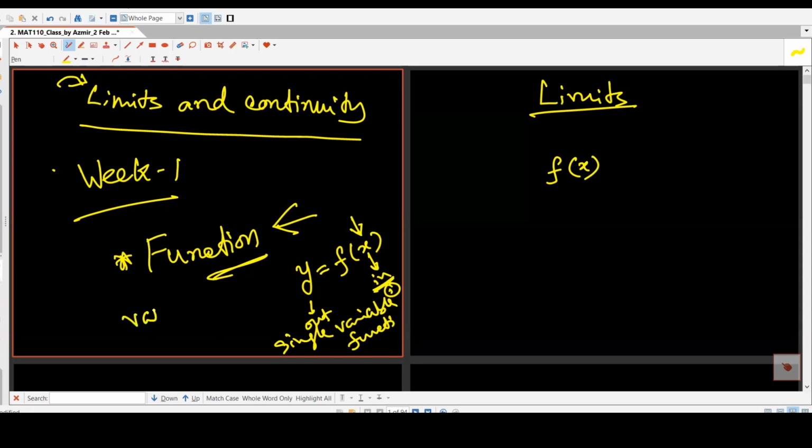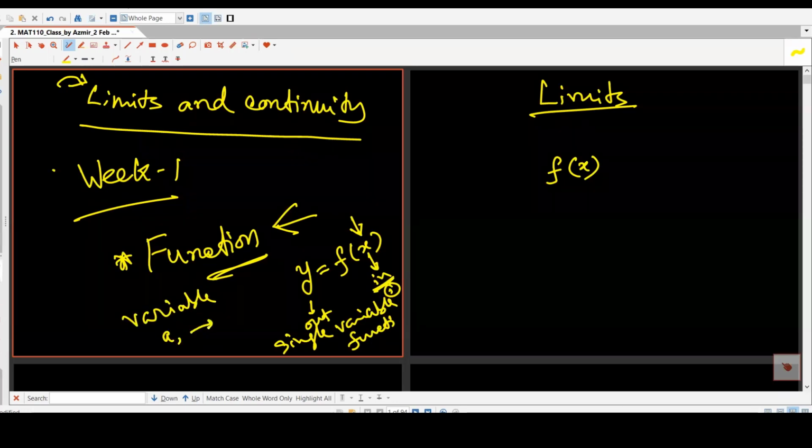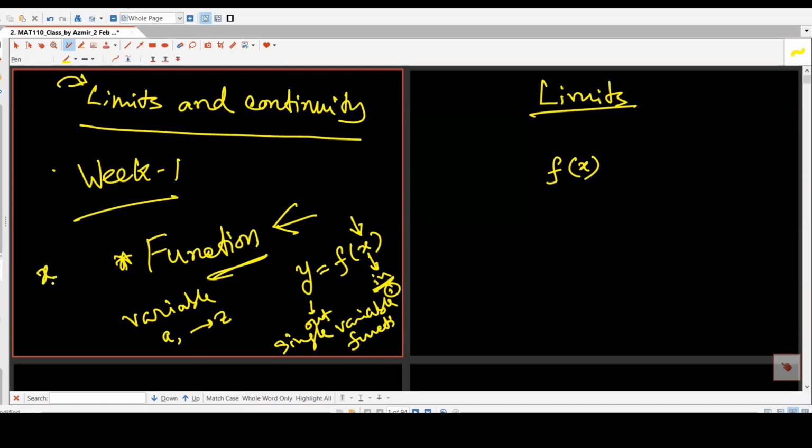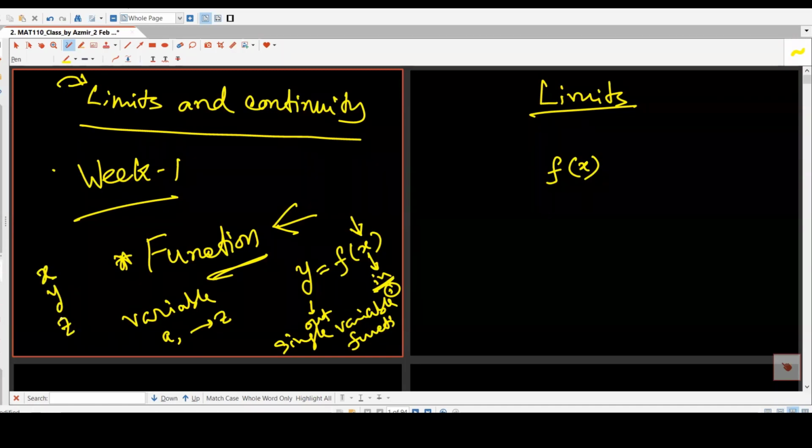What is a variable? All the letters from A to Z, let's say A, B, C, D, up to X, Y, Z, can be thought of as variables. You can think about X, Y, and Z for simplicity.